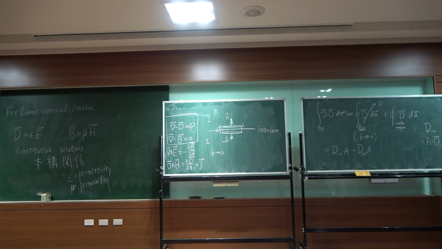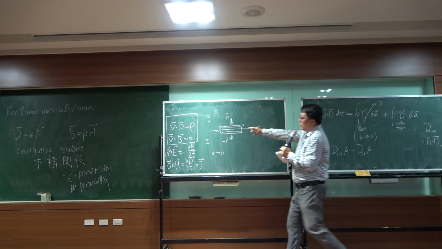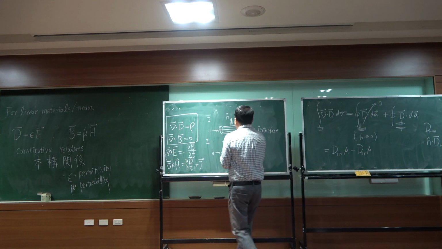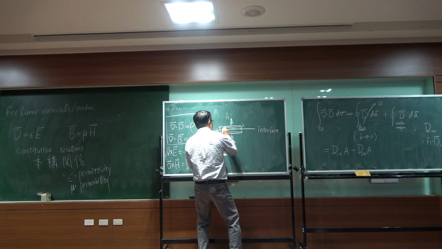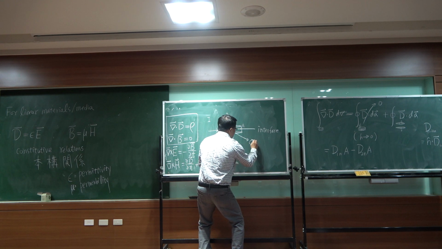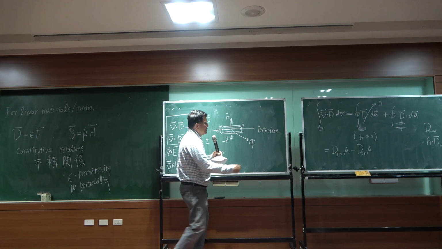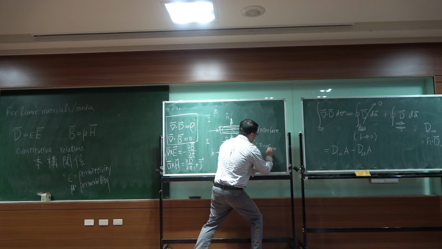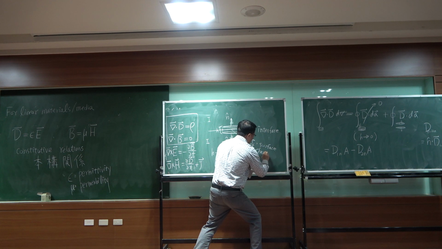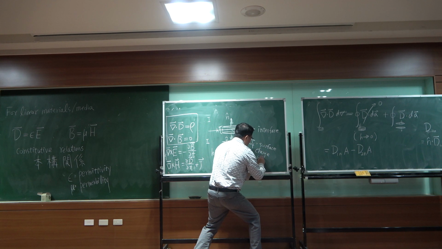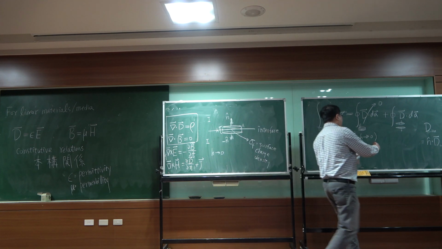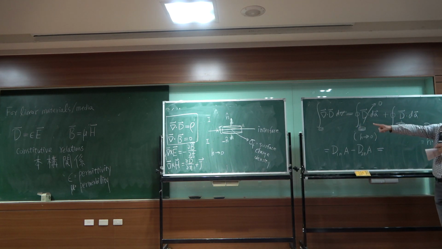Okay, and according to the right hand side, if here is some sigma f, surface charge density, then we have the right hand side.